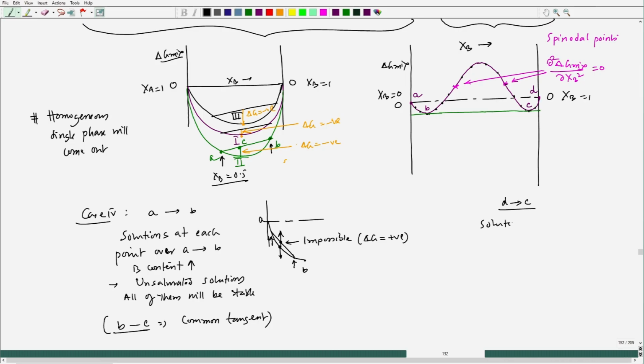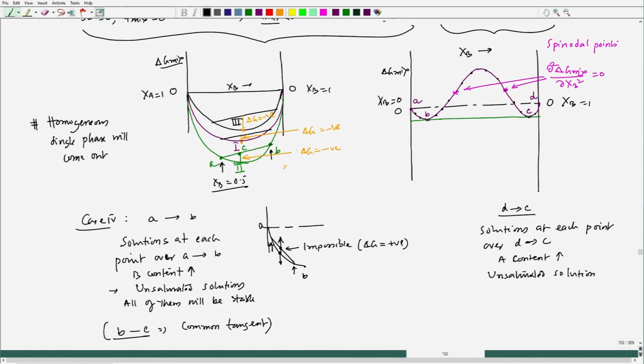So, then solutions at each point over D to C, their A content is increasing, and then this can be said to be unsaturated solution and all those are stable, because of the same logic we put in the case of A to B, same thing, but here unsaturated solution is with respect to B.